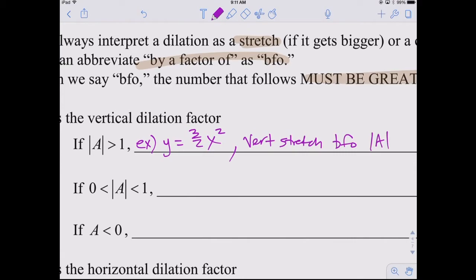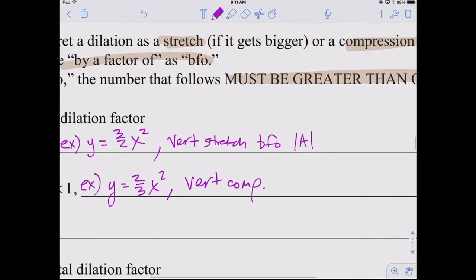If the absolute value of A is between 0 and 1, here's an example, y equals 2/3 x squared, that's going to be a vertical compression. I'm going to abbreviate that comp by a factor of what? Would you say by a factor of 2/3 if that's our example? By a factor of 3 halves.